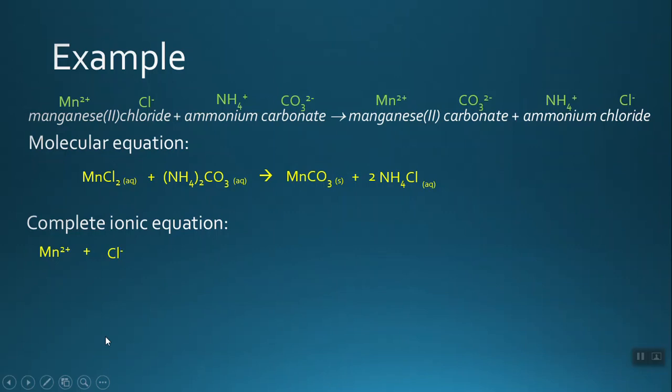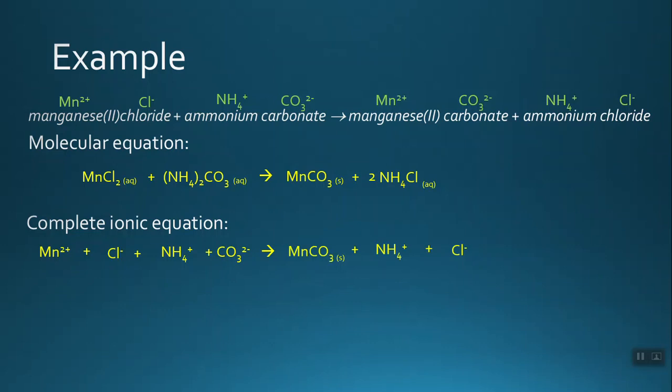So Mn2+ and Cl-. Now let's take a look at ammonium carbonate. When that dissociates, we have NH4+ and CO3 2-. And manganese 2 carbonate we leave alone because it's a solid and does not dissociate, so I'll write that as is, MnCO3 solid. And then ammonium, NH4+, and chloride, Cl-. So there are my ions.